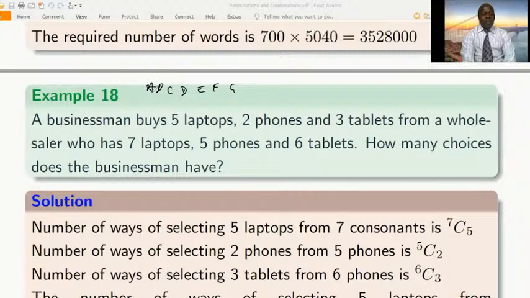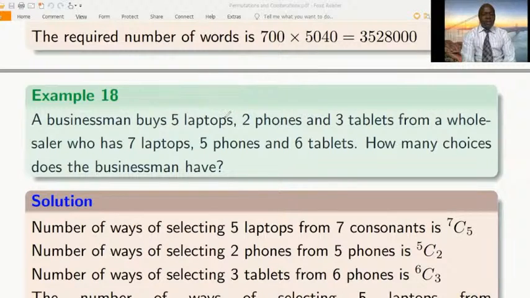Because you want to buy 5, you may want to buy 1, 2, 3, 4, 5, the first ones. Or you may want to buy A, B, C, D, and then F. Or A, B, C, D, and then G. Or B, C, D, E, then F, and so on. So we are asking ourselves, how many such choices do you have?